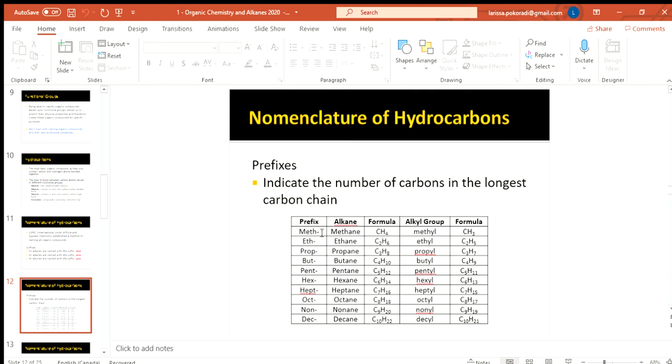The harder prefixes are actually the first ones: meth, eth, prop, and but. Because we probably don't use those prefixes as much as the later ones, which usually pop up in the shapes we do in elementary school, like pentagons and hexagons, heptagons, octagons. We know that a pentagon has 5 points. Well, penta would also mean we have 5 carbons.